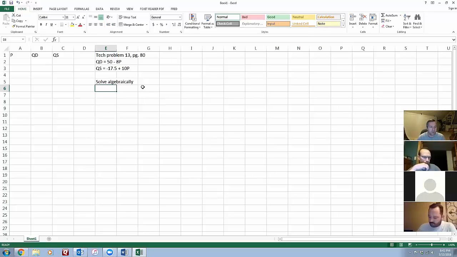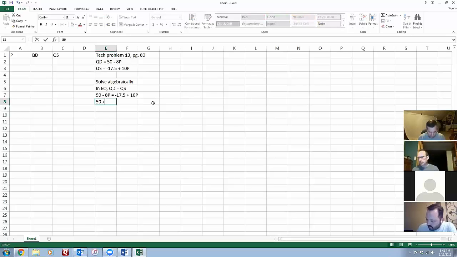So I know that in equilibrium, these two have to be equal. So I can just set these up. 50 minus 8P equals negative 17.5 plus 10P. So here's my demand side, here's my supply side. Put my prices on one side and my constants on the other.